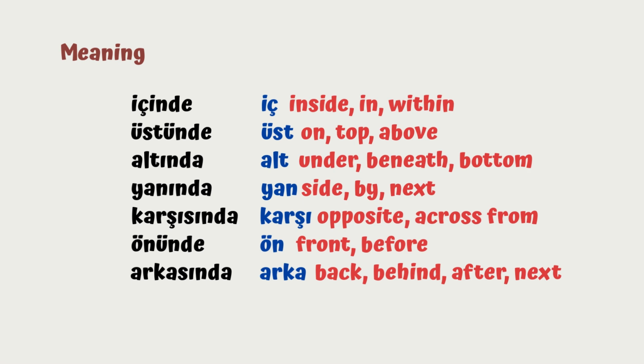And yanında, the base word for it is yan, which means side, by, next. And karşısında comes from the word karşı, which means opposite, across. Önünde comes from ön, which means front or before. And arkasında comes from the word arka, which means back, behind, after or next.